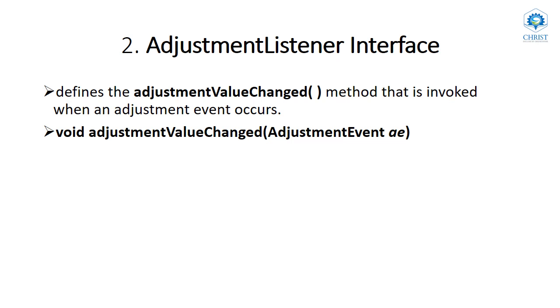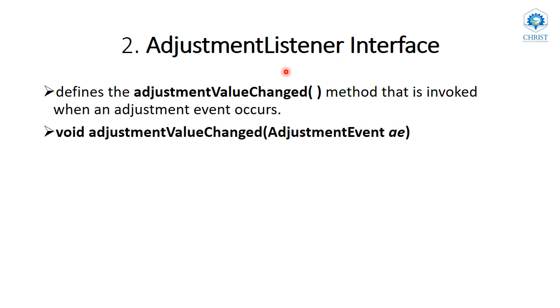Next, the interface is AdjustmentListener. Suppose we are planning to handle adjustment events. You know that we have seen the AdjustmentEvent class. So if you are planning to handle adjustment events, we first of all have to implement this interface.